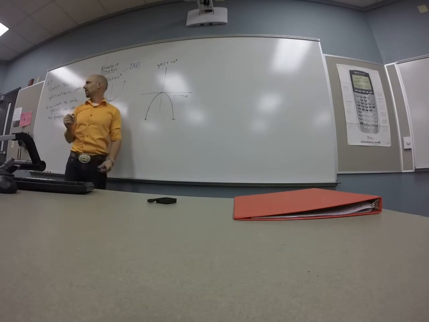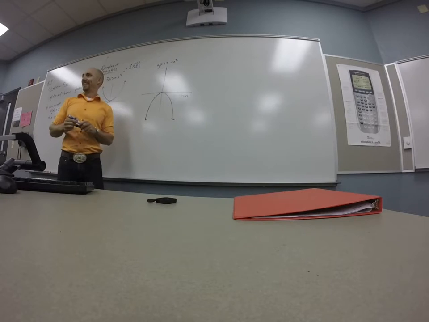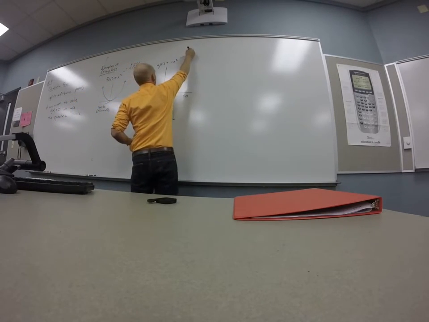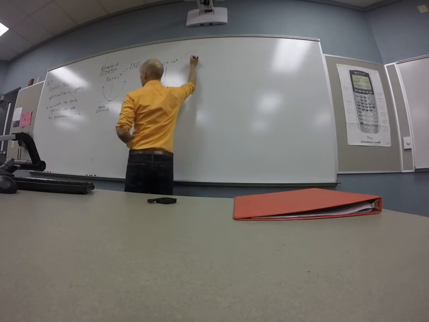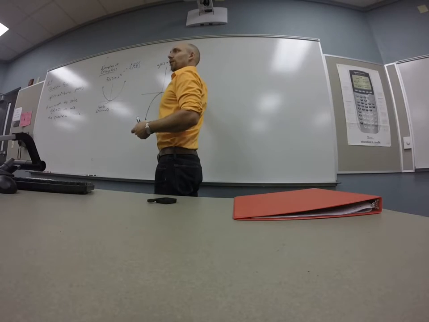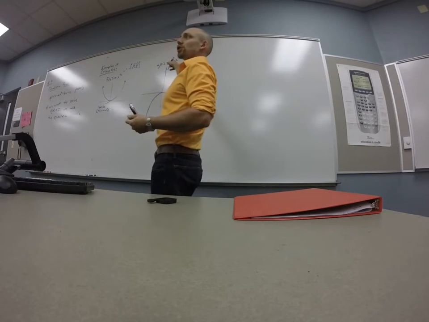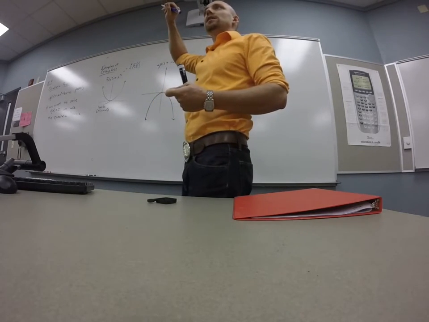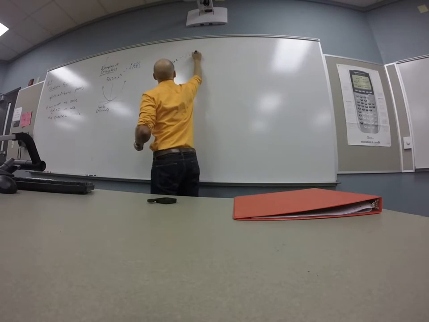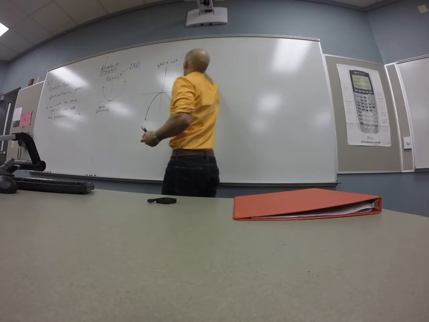What are the B and C? Can somebody tell me? So I'm thinking A is negative 1. And then are there any x's here in my formula? There's x squareds, but are there any plain x's? No, so B is 0. Are there any constants that I'm adding? No.